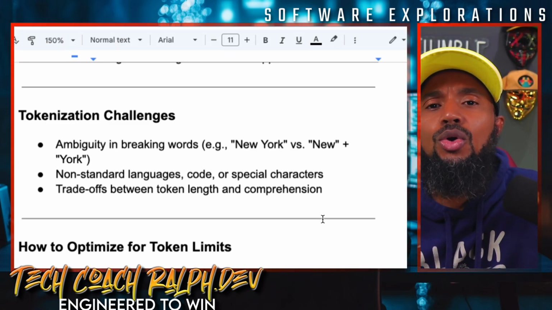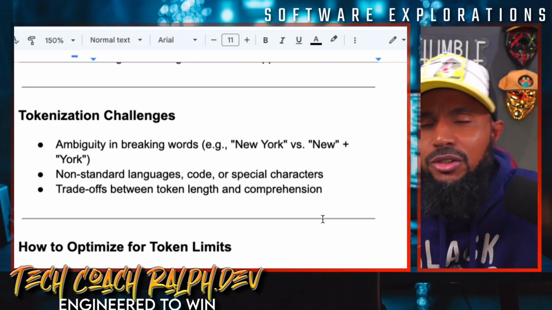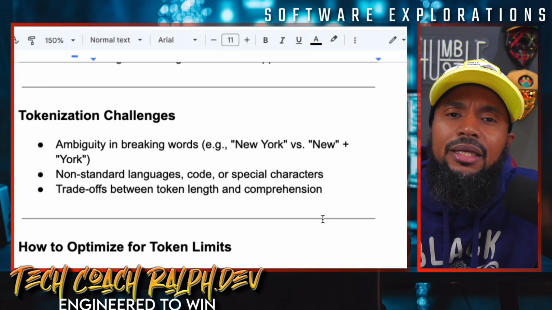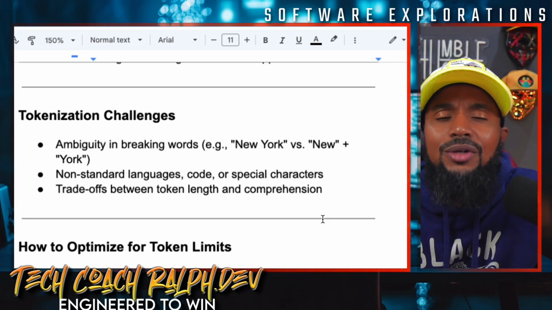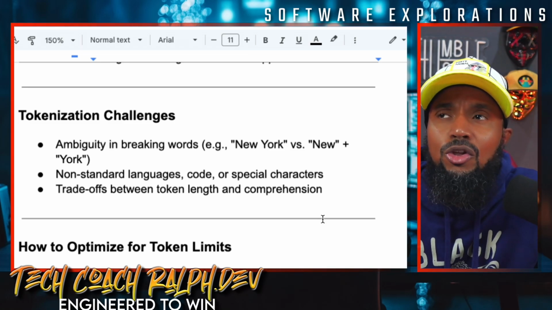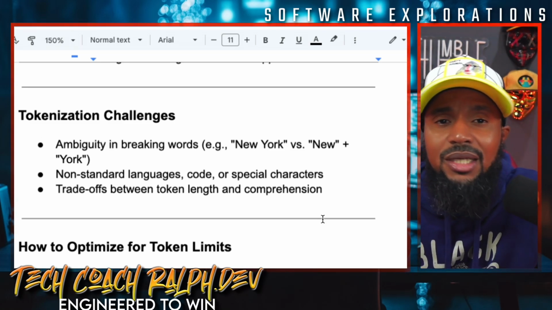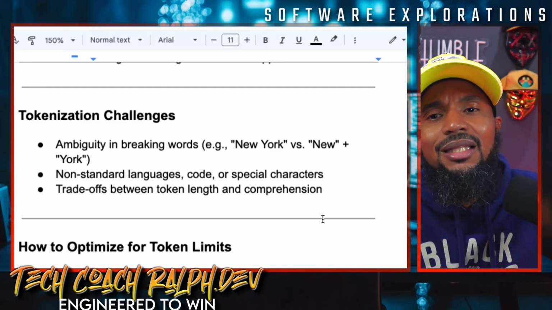Non-standard languages, codes, or special characters. Let's say you are building out a large language model in a non-traditional, maybe a non-Latin language, and trying to have it understand your language. A lot of times in other languages there are more words that are used and special characters that are used, so I can see how that can be a challenge. And then the trade-off between token length and comprehension.